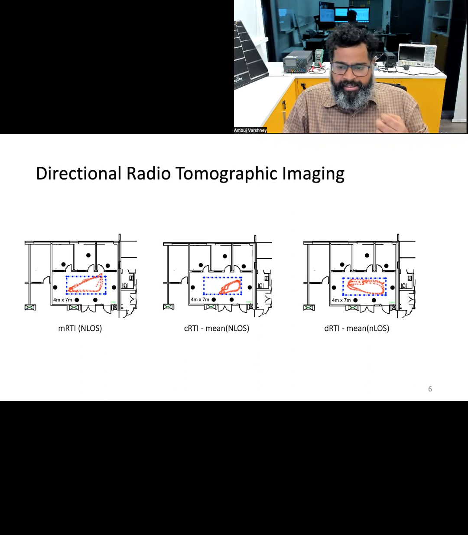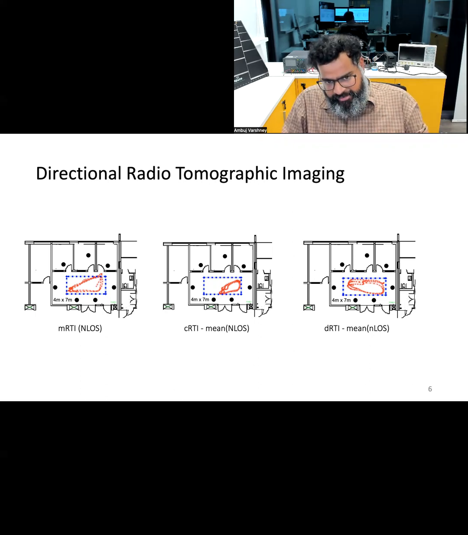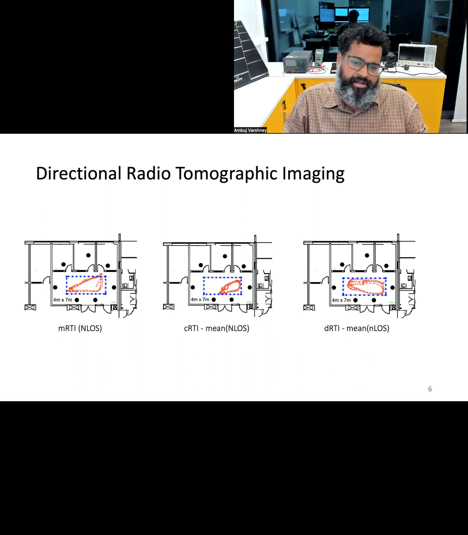We compared it against 3 different baselines. The first 2 were not using directional antennas. The last one, DRTI, was using directional antennas. What we find is that the localization estimate using directional antennas is much closer to the ground truth. The red contour, or the red path, is what we estimated using this radio tomographic imaging system.